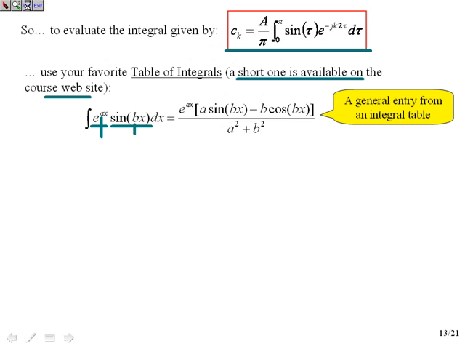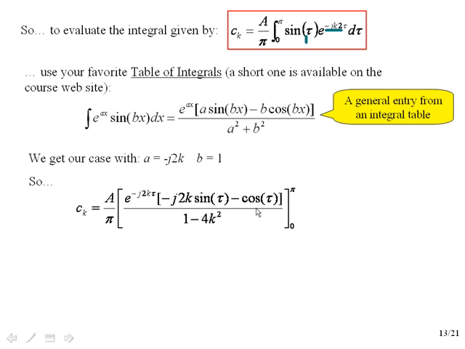So a is the decay rate, b is the frequency. For our case, that's exactly what we've got. We've got a frequency of 1, and the whole alpha is going to be minus jk2. So a is going to be equal to minus jk2, or in this case j2k. b is equal to 1.